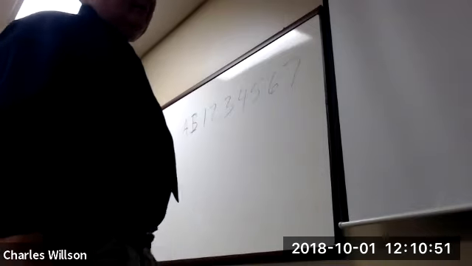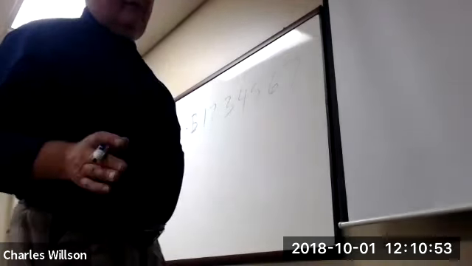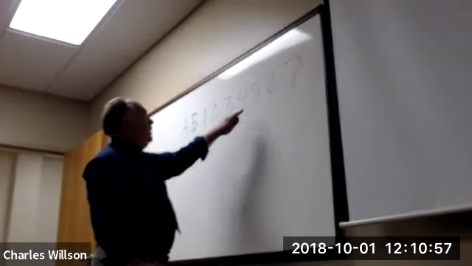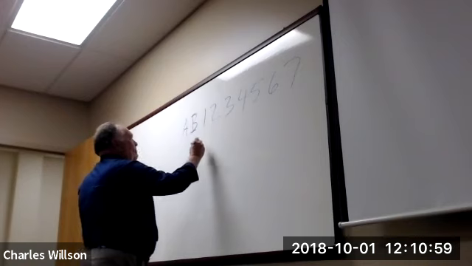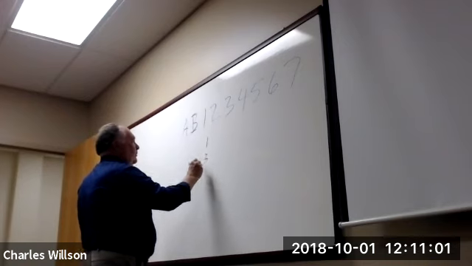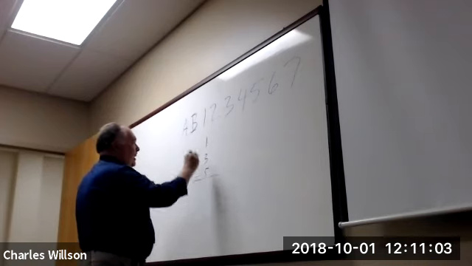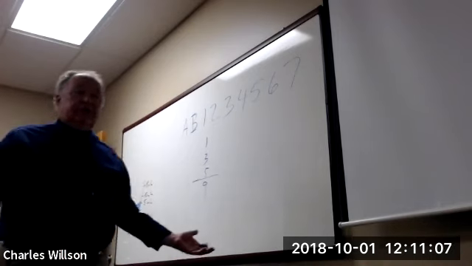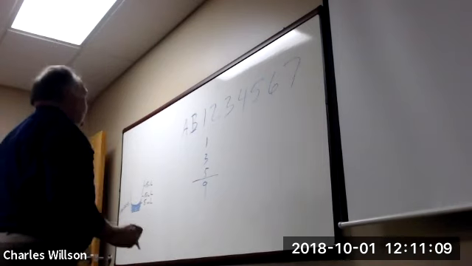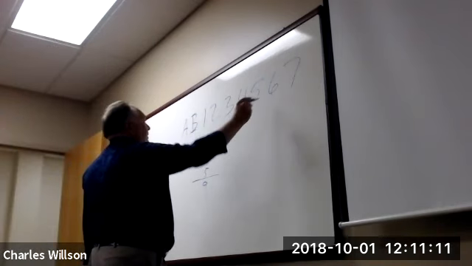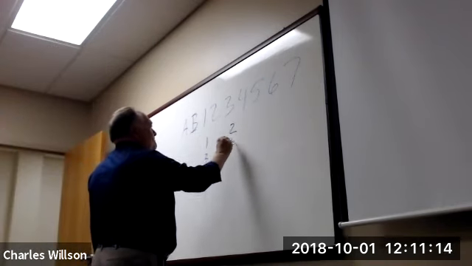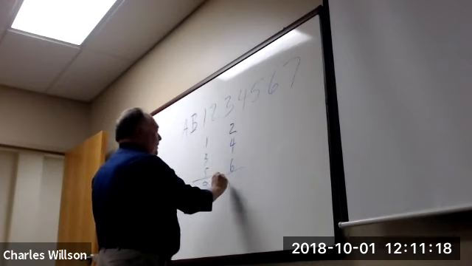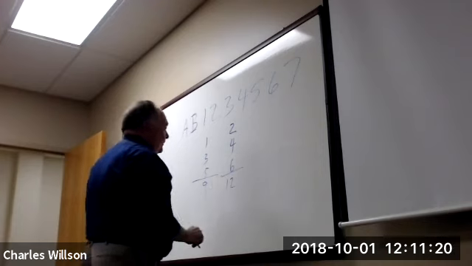But how do you know about the number? There's a formula for it, and this is what you do. You take the first number, the third number, and the fifth number, which in this case is 1, 3, 5, and you add them up. That's a 9. Then you take the second number, the fourth number, and the sixth number, and you add them up, and that's a 12.